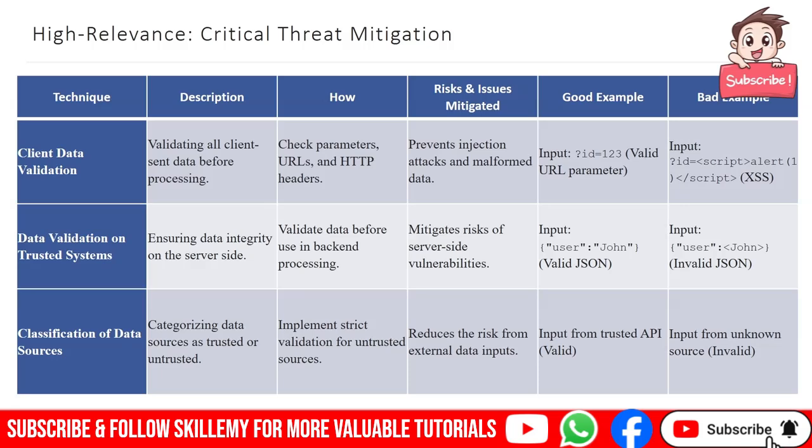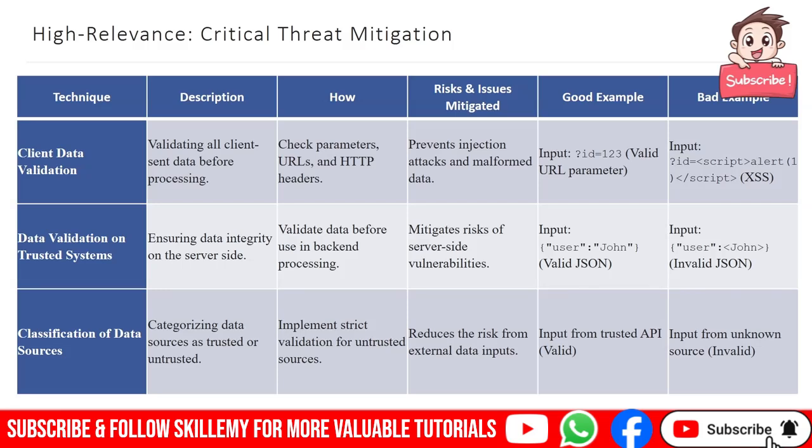Next, we focus on data validation on trusted systems. This technique ensures that any data entering the server is thoroughly validated before being utilized in backend processing. This step is crucial in mitigating server-side vulnerabilities, as servers are often prime targets for attackers.